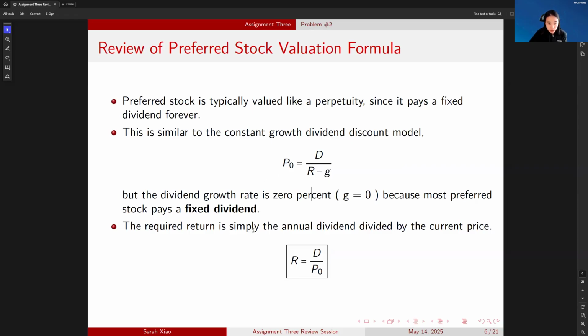However, for preferred stock, the dividend growth rate is 0% because most preferred stock pays a fixed dividend, so g equals 0 for preferred stock. So we can rearrange this formula and get the required return to be the annual dividend divided by the current price.